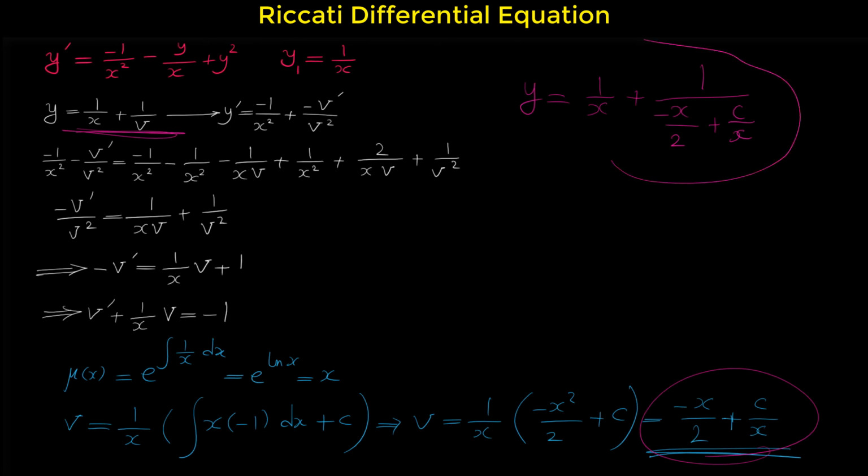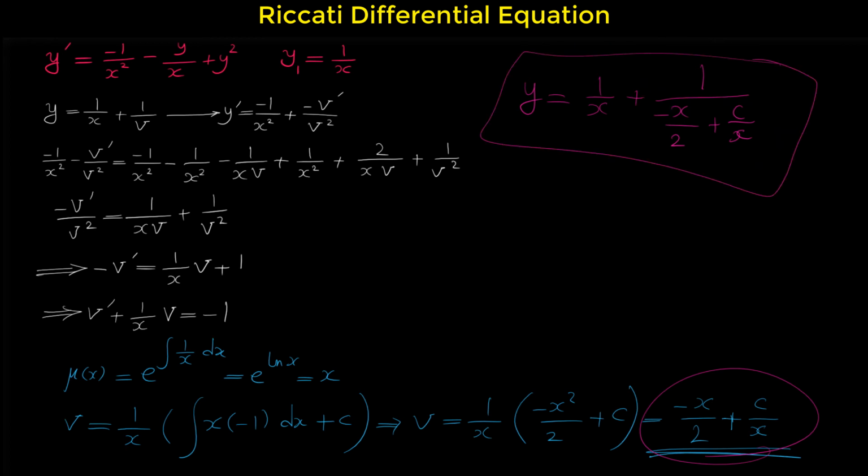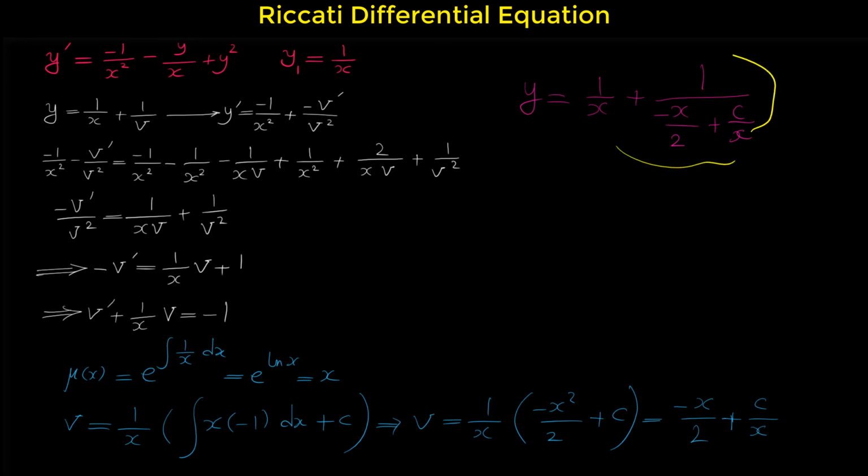And this is the general solution of this Riccati equation. And of course, if you like, you can do a common denominator here and simplify this. It's up to you to simplify or leave your answer in this form. This is the general solution.